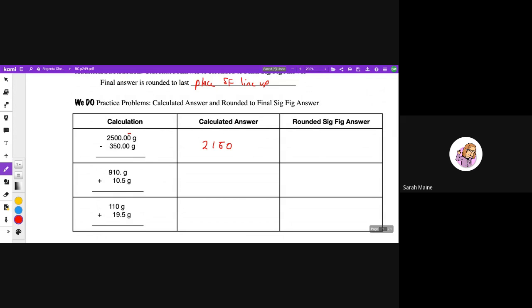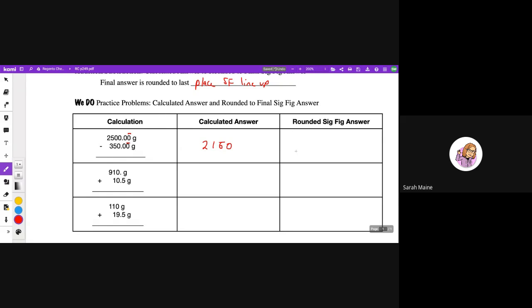Then the mass that's 350 grams, the way it's written, contains 3 trailing zeros with a decimal, so all 3 zeros are significant, and the one most to the right is in the hundreds. So the last place that these two measurements line up is in the hundreds.